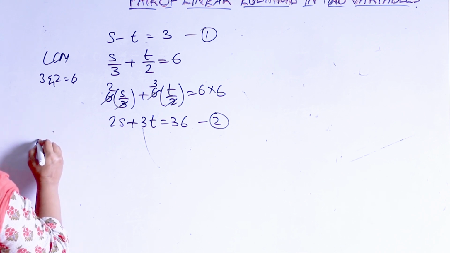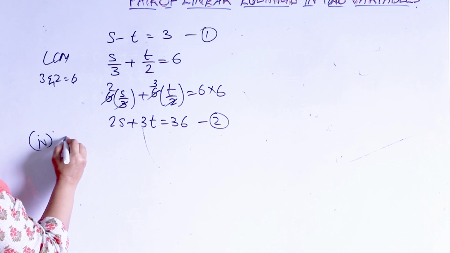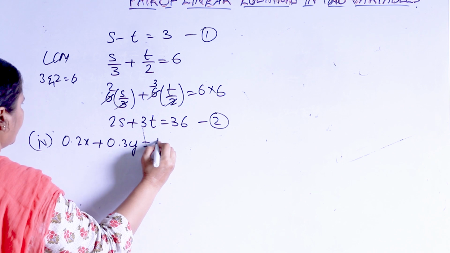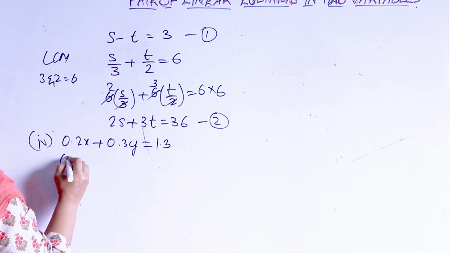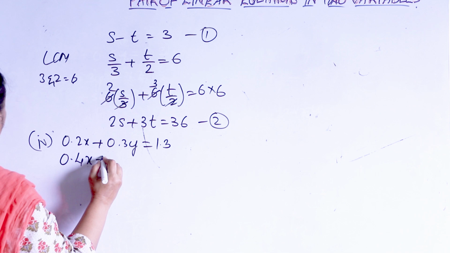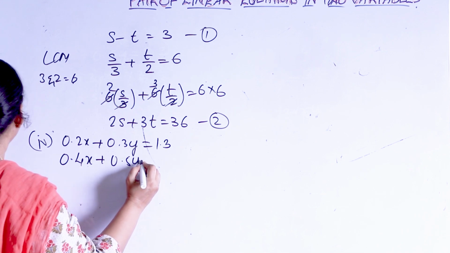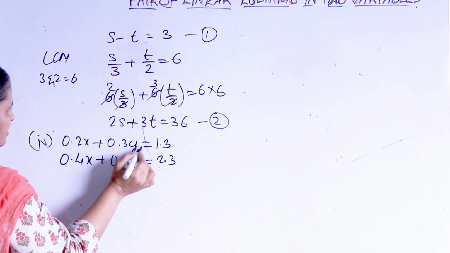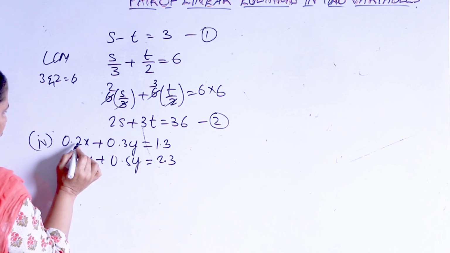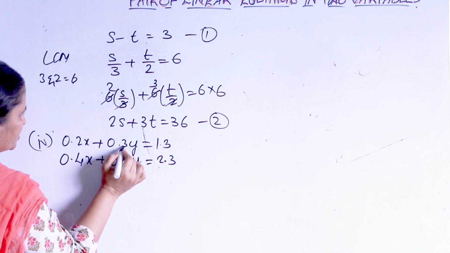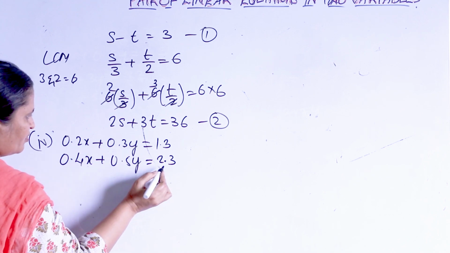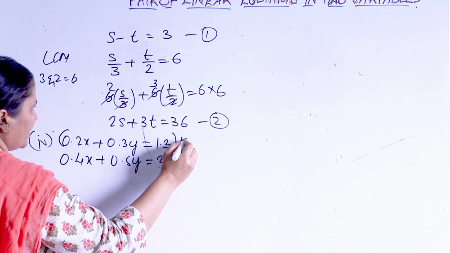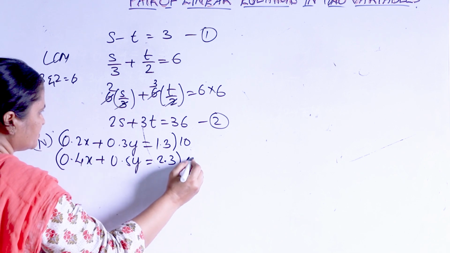Now, in case of fourth problem, which is 0.2x plus 0.3y equals 1.3. Another equation is 0.4x plus 0.5y equals 2.3. See, every term is having one place after decimal. If you notice, every term is uniform here, one place after decimal. So we have to multiply both the equations by 10.